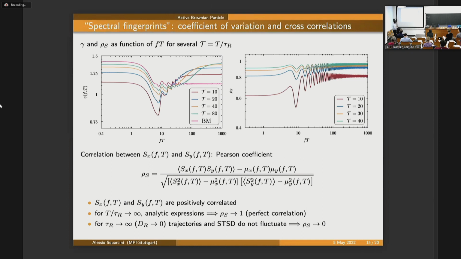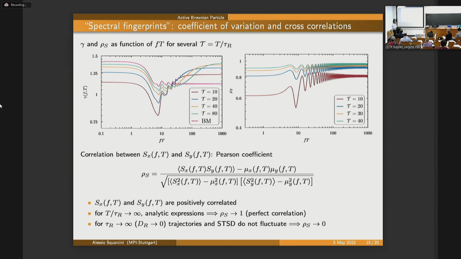And then coming again now to the finite observation time, what I'm plotting here is the coefficient of variation. And here I am plotting the Pearson correlation coefficient between the components S of x and S of y. The reason is that S of x and S of y are entangled or correlated simply because they are emerging from the same noise coupled to sine and cosine.